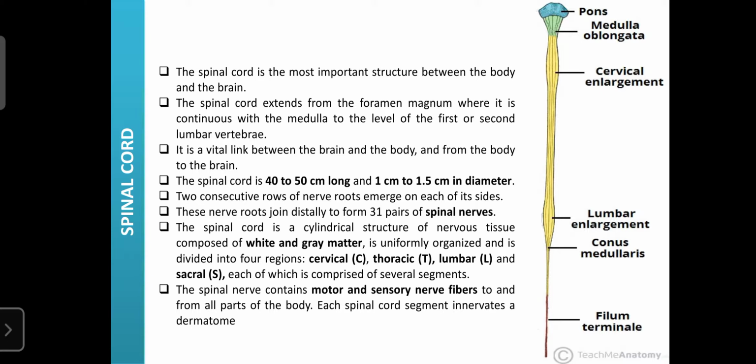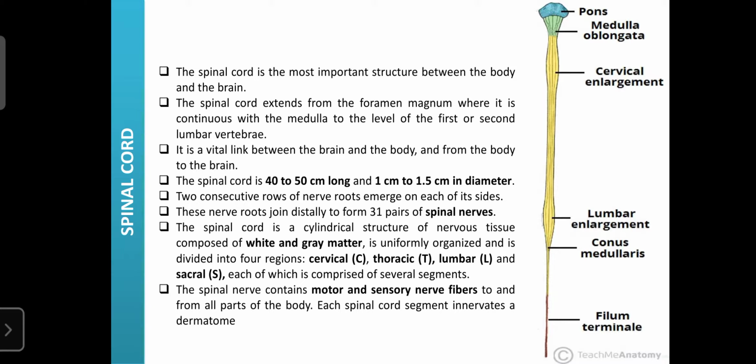Regarding the introduction of the spinal cord, it is the most important structure between the body and the brain. It is one of the important structures that helps create connections between the different parts of the body and the brain.